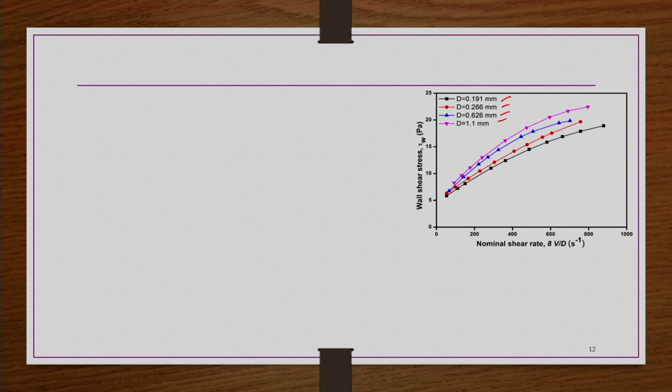That means, even after incorporating the end effects, the rheological measurements of that particular fluid obtained by capillaries of different diameter are not reliable. That means, diameter is really playing a role. You have already incorporated the end effects.